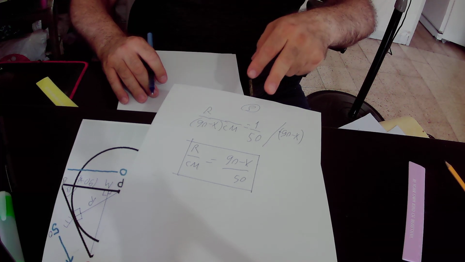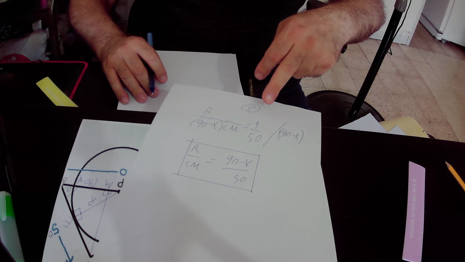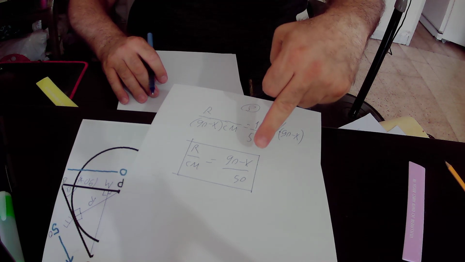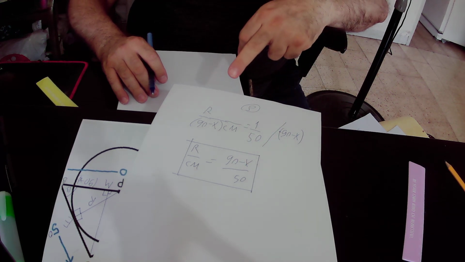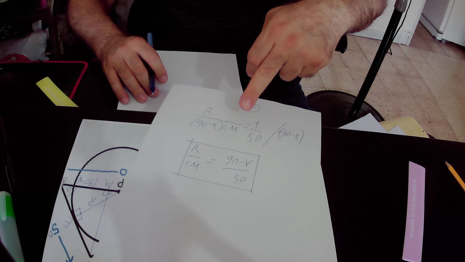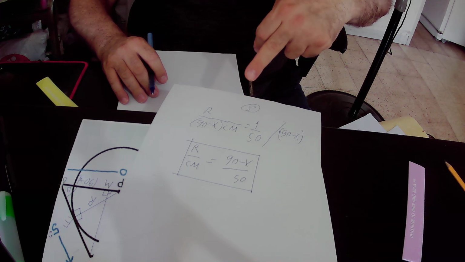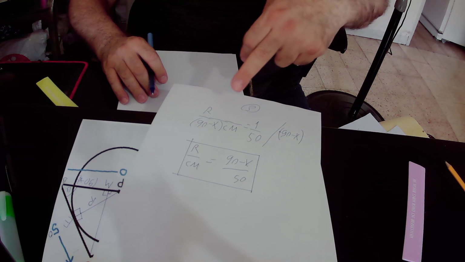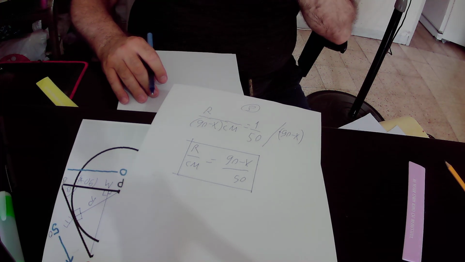So here 1 over 50 times 90 minus x equals 90 minus x over 50, and 1 over 90 minus x times CM times 90 minus x equals R over CM.